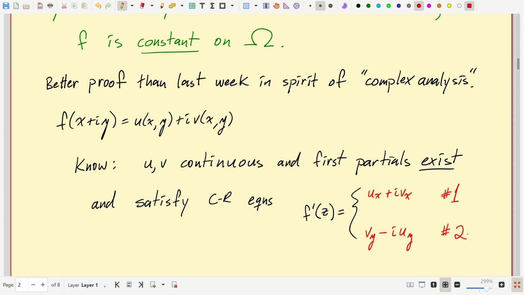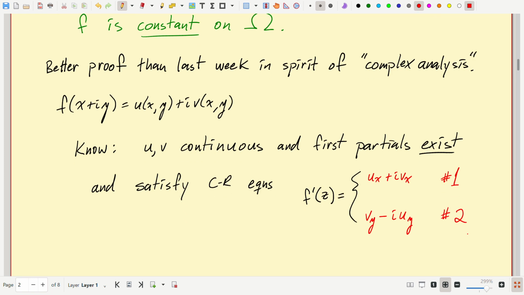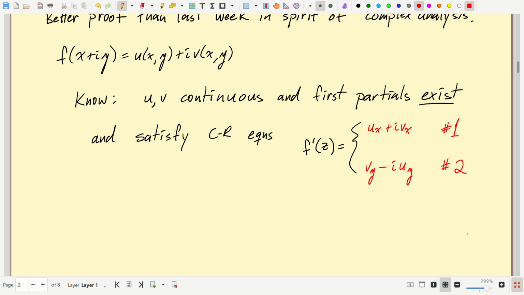Well, if the derivative is 0, it means all those first partials are 0. That would imply the gradient of u is identically the 0 vector, and the gradient of v is identically the 0 vector, from red box number 1 and red box number 2.